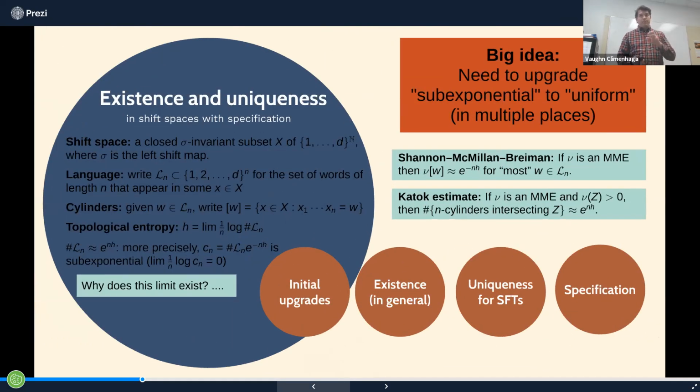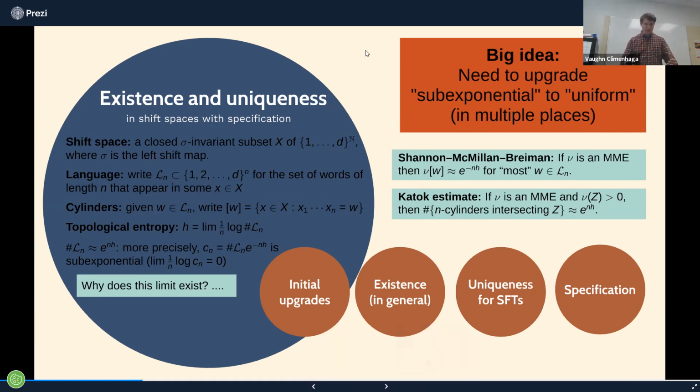There are certain general estimates which are true for every shift space and every invariant measure, which involve some sub-exponential quantity. That is some quantity which is allowed to go to zero or to infinity, but has to do so slowly. There are various places in the proof where you have to upgrade that sub-exponential to uniform, that is uniformly bounded away from zero, uniformly bounded away from infinity.